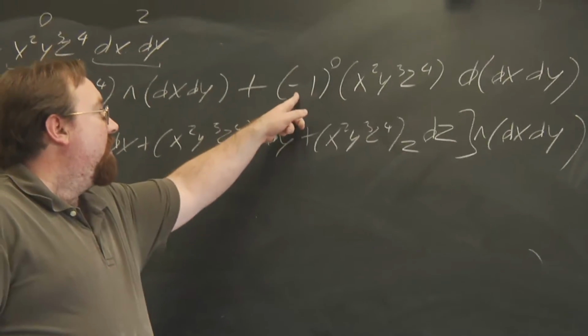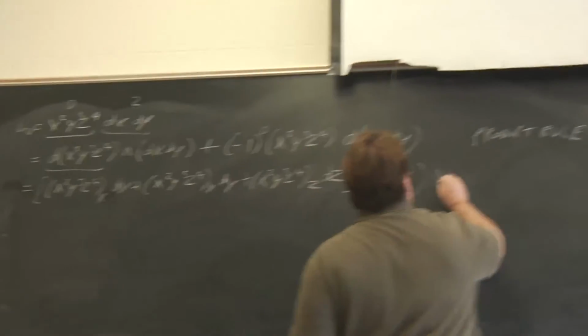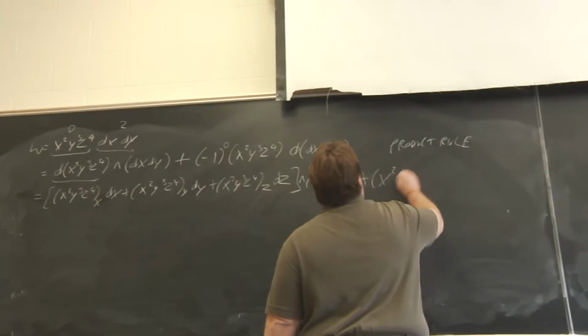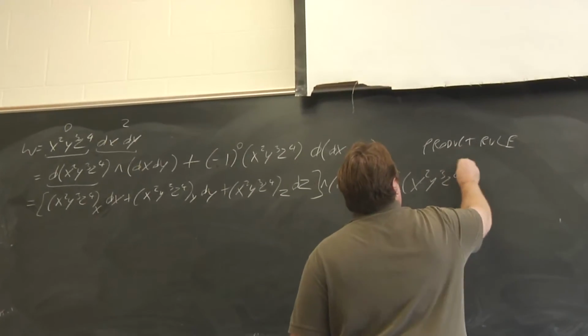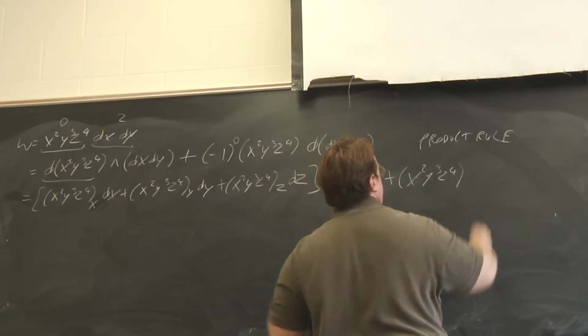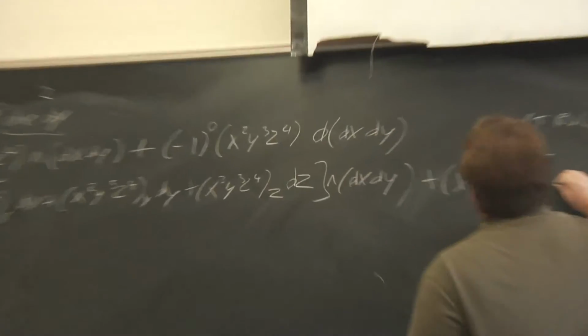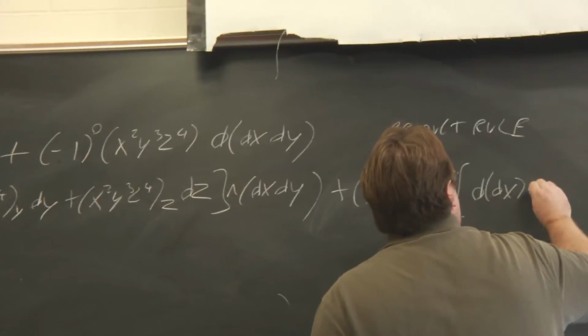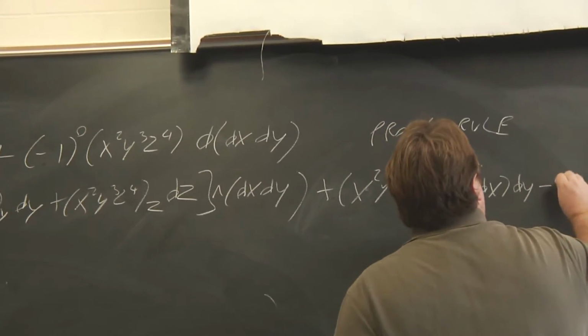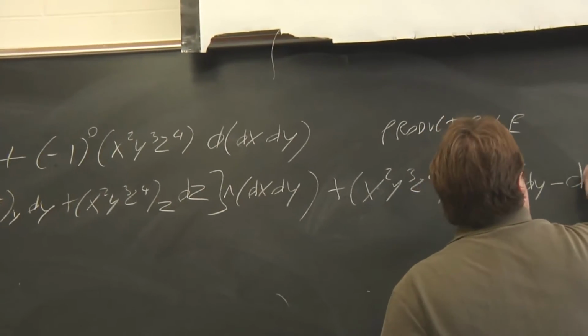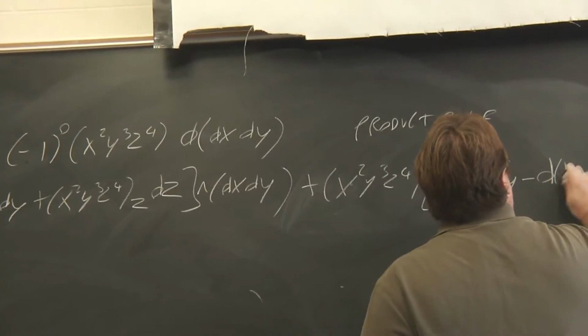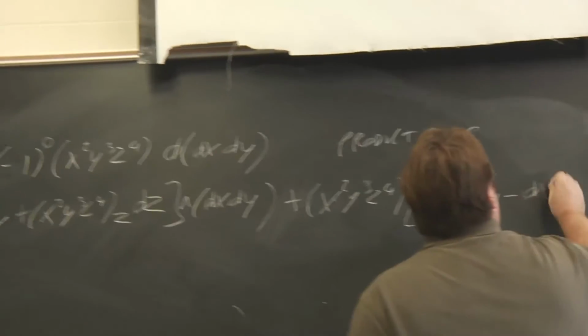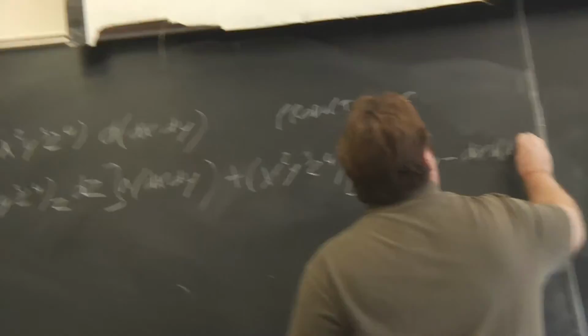Now over here, we're going to have plus the function undifferentiated, and now you're going to compute the derivative of this. Well, this is going to be d dx dy minus dx d dy.